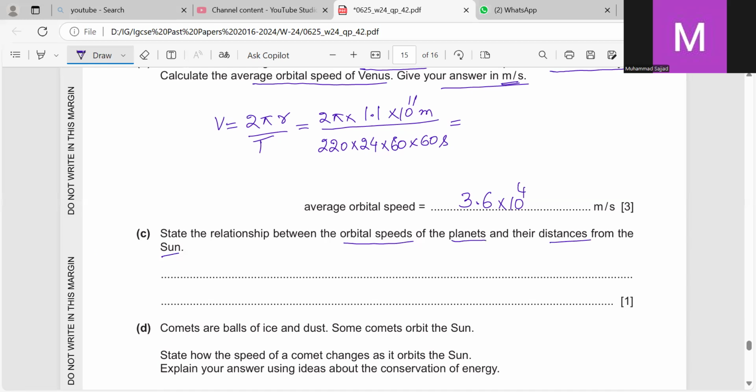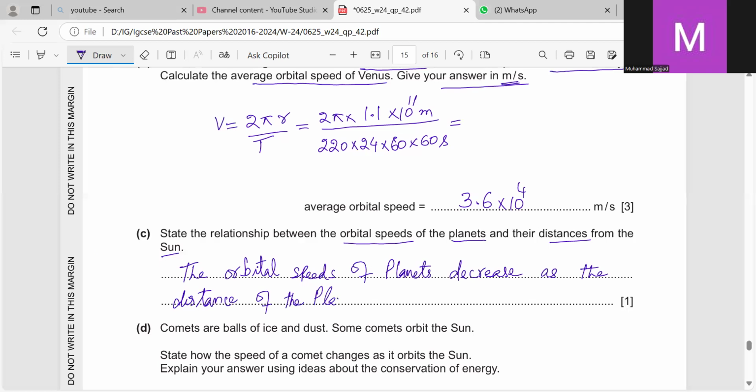So we can write the orbital speeds of planets decrease as the distance of the planets increase from the sun.